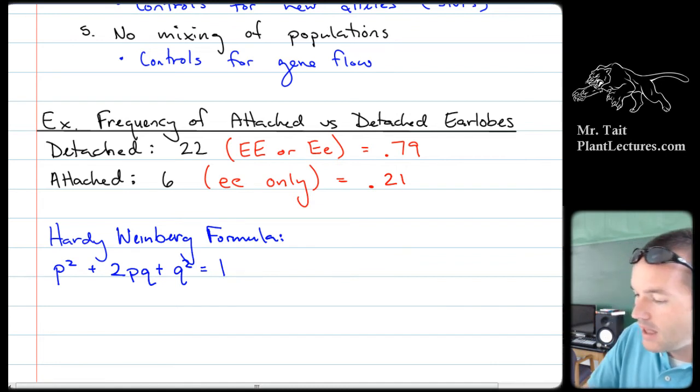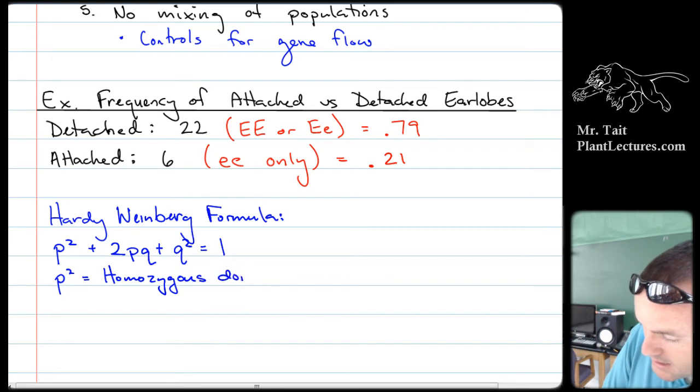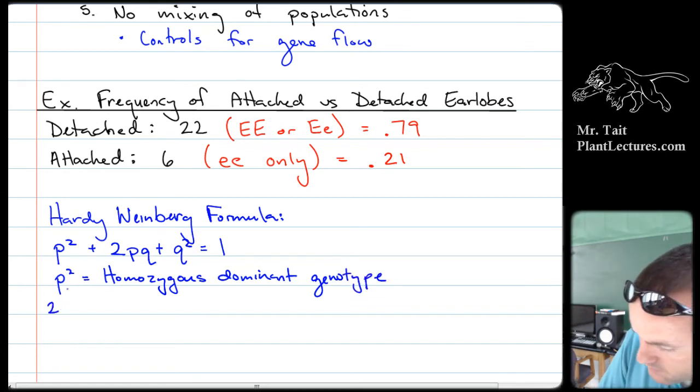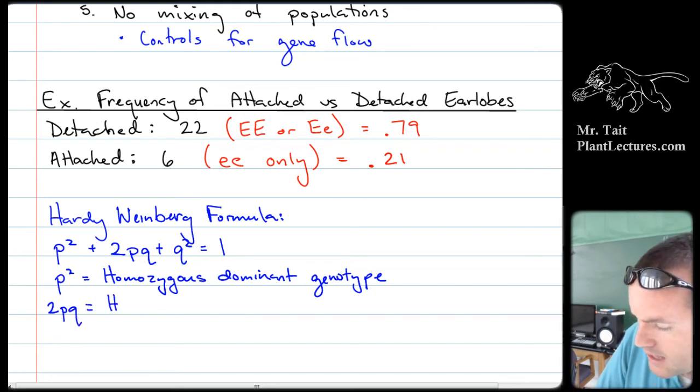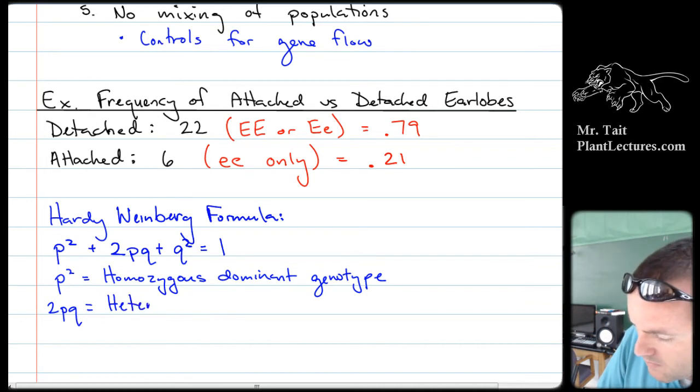And in this, p squared is equal to the homozygous dominant genotype. 2pq is equal to the heterozygous genotype.